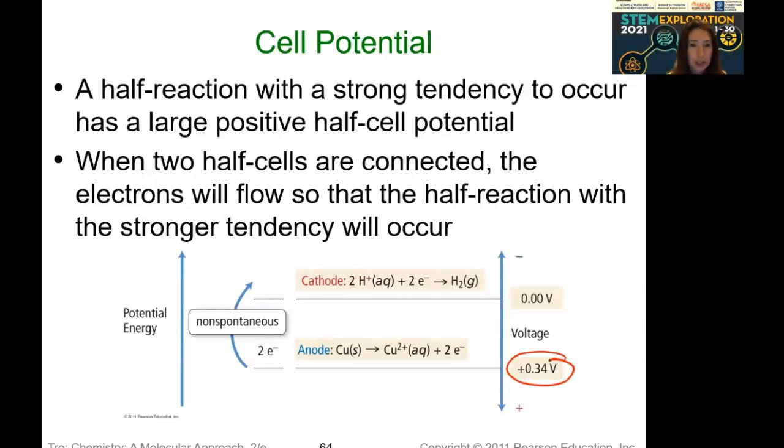So just like, think of a waterfall, right? The waterfall, it's always going to go from higher potential energy to lower. The water's always going down the waterfall, right? Higher, lower potential energy. Same thing with the electrons. It's always going to go from higher to lower. So if this has a lower potential energy, it's not going to go backwards. Water's not going up the waterfall. Not going to happen, right? And that's what this non-spontaneous is.